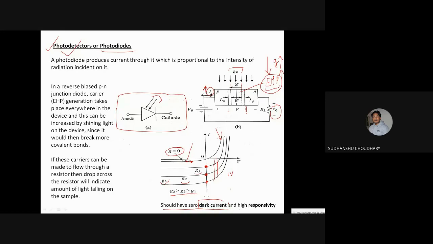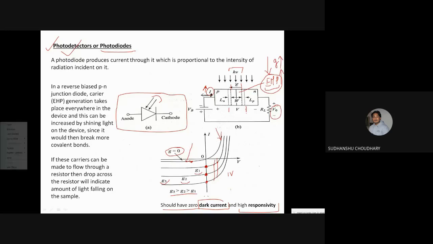And it should also have a high responsivity. Responsivity here means the amount of reverse current generated divided by the amount of illumination. That is, how much illumination is generating how much reverse current.